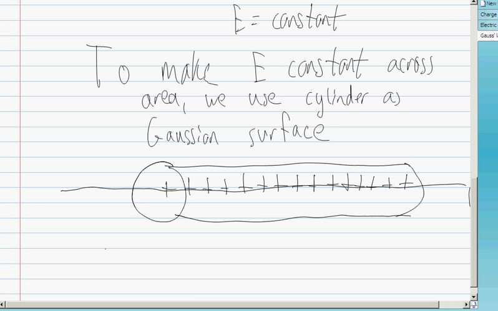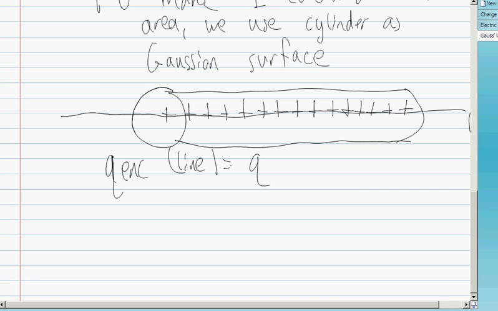Let's say that the total charge on the entire line equals Q, positive Q.